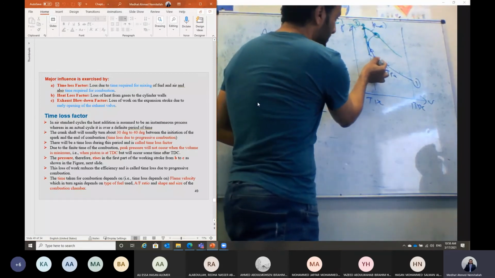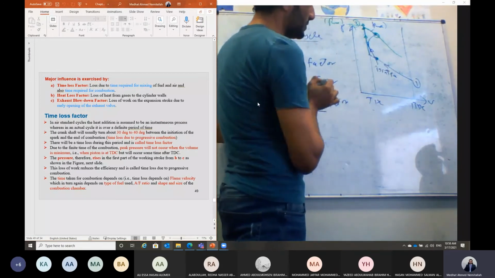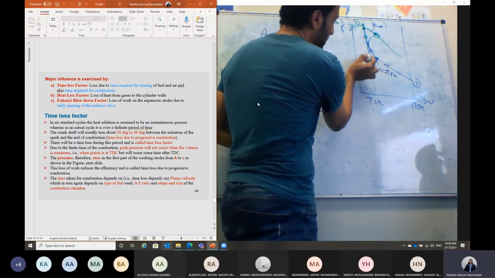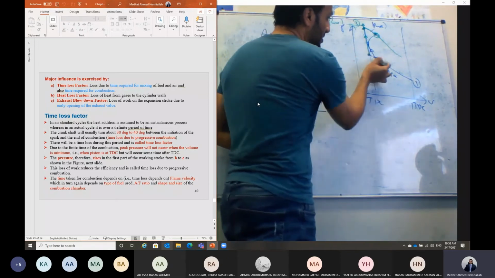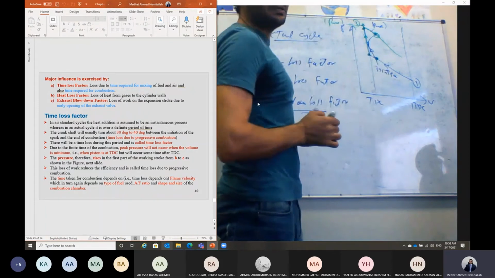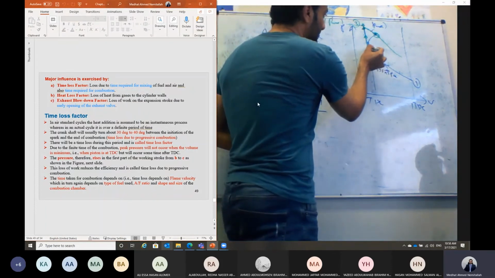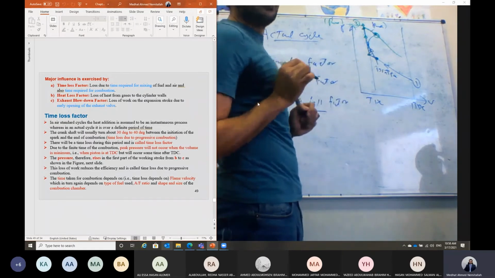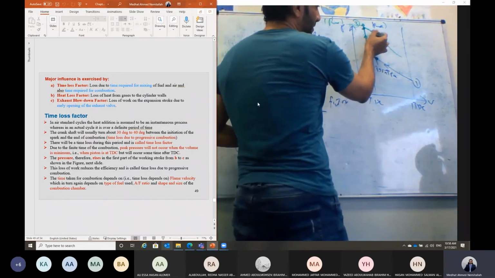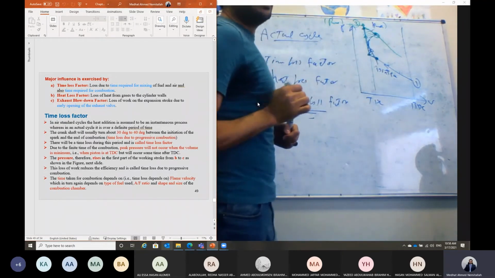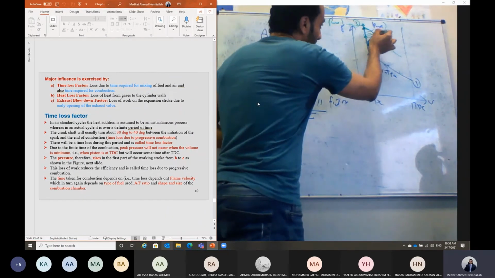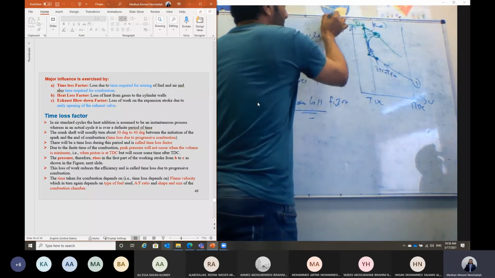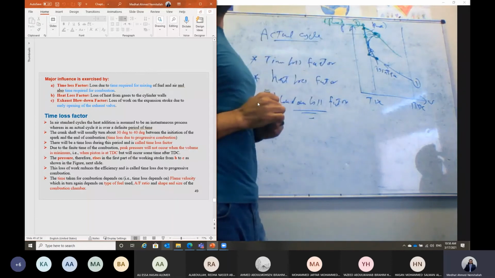But here you can see, as we initiate the combustion before the top dead center, we will not continue up to this point. Just the pressure will be raised in this case. So that means this area is area lost from the work due to the progressive combustion. In addition to this area as well, because the maximum pressure is less than the maximum pressure in case of the fuel air cycle.